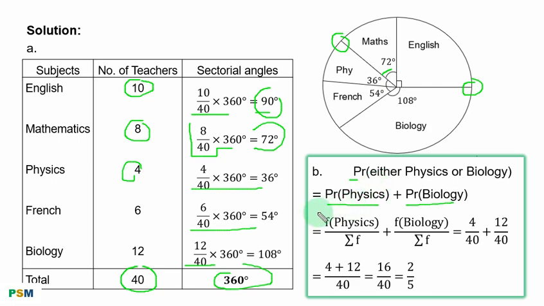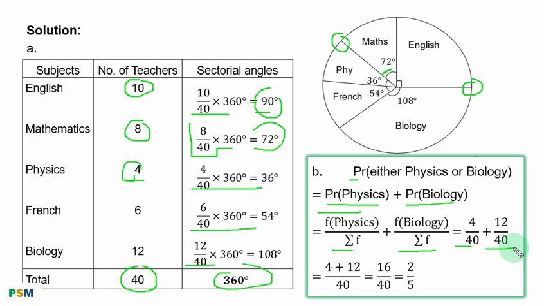That is frequency of physics over the sum of frequency, total teachers, plus frequency of biology over the sum of all the teachers. Number of physics teachers, they are 4. You have 4 here over total teachers 40, plus biology teachers 12 over total of 40.